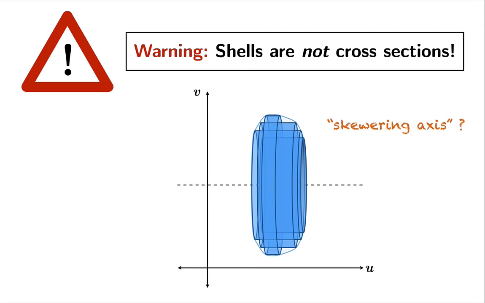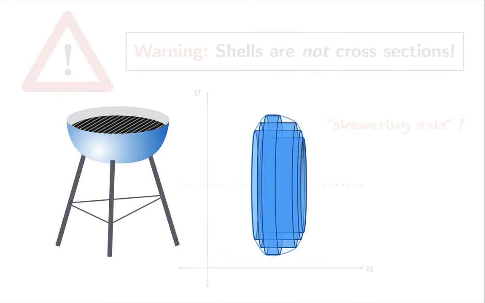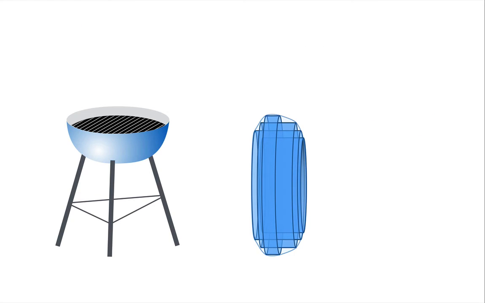And the question is, what's the skewering axis in this case? What do we mean by skewering axis? Imagine that all your shells are sitting there loose and you want to put them on the grill. You're going to need to figure out how to skewer them so that they're held together. That's what we mean by the skewering axis.